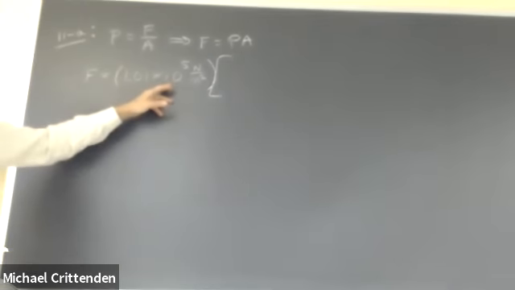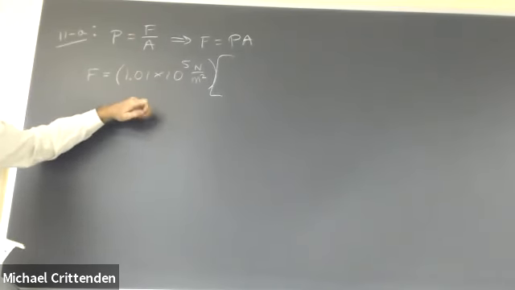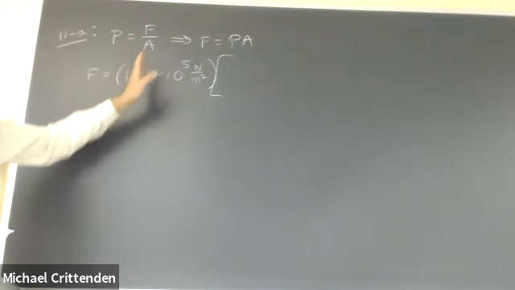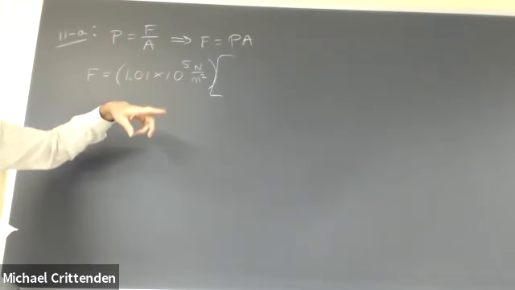If you want to go a little further with it, 1.013 times 10 to the 5th pascals, newtons per square meter, in other words, for the atmospheric pressure from the place on the formula sheet that I just showed you.